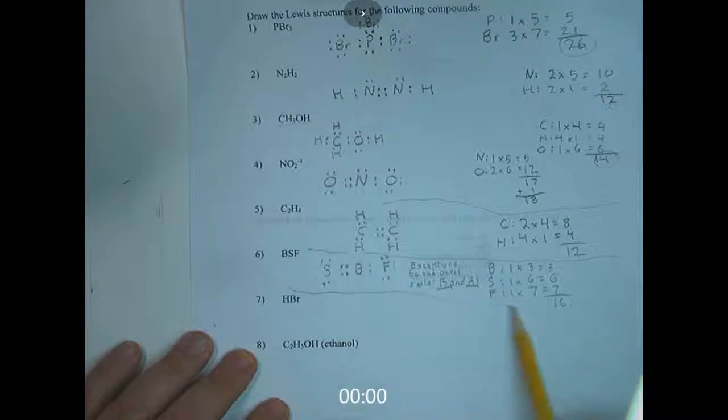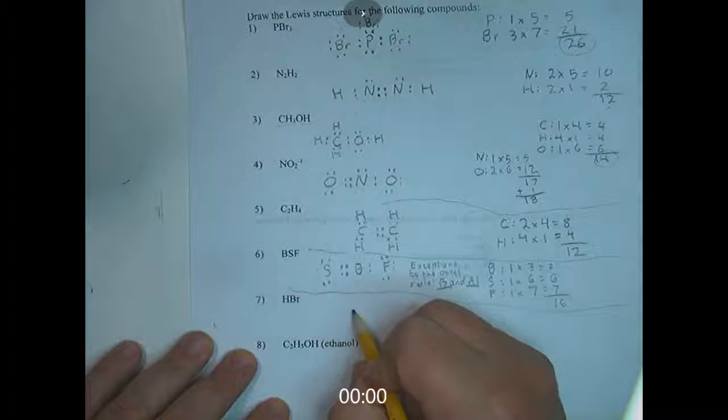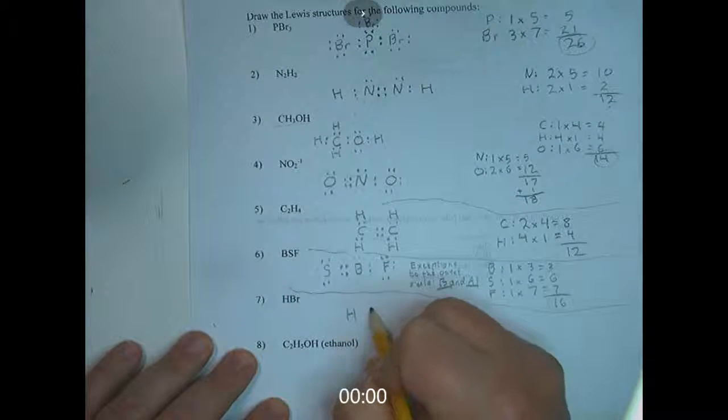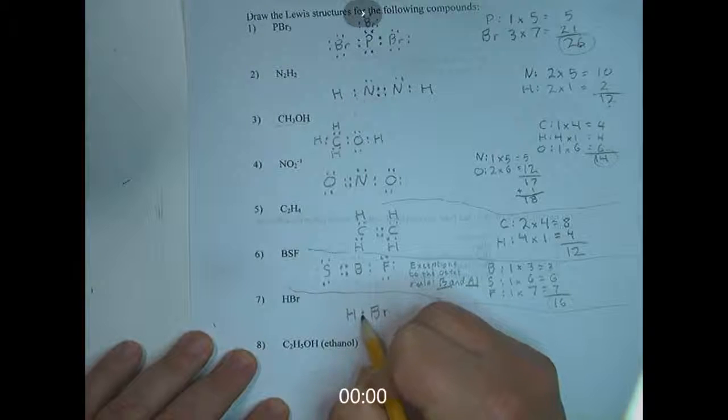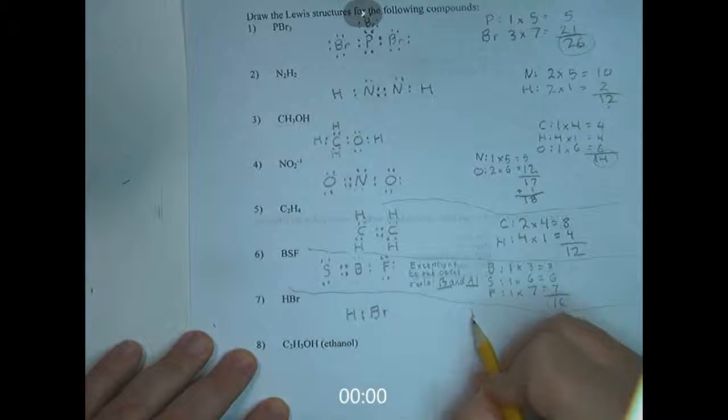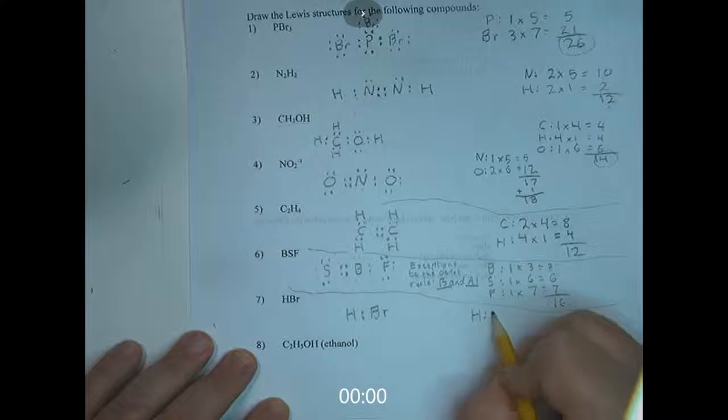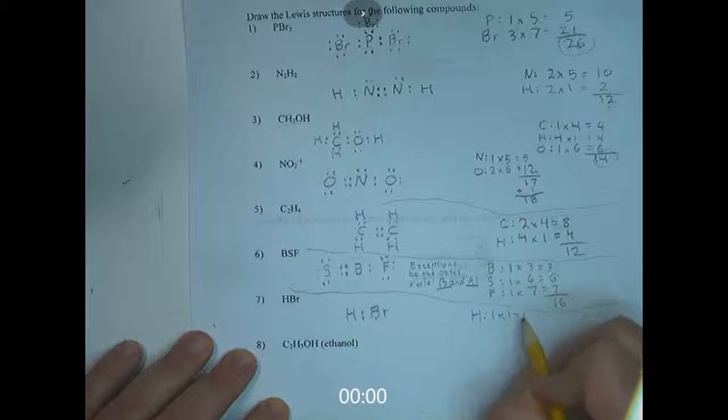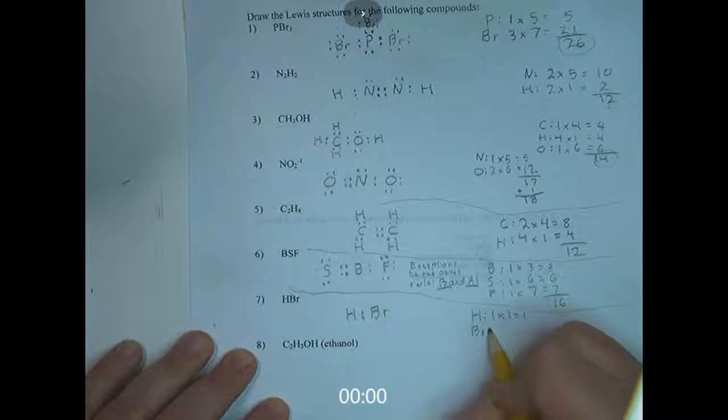Okay, so we have HBr. There's only one configuration that can have something like that. We're going to say H has 1 times 1 electron, and Br has 1 times 7 electrons.